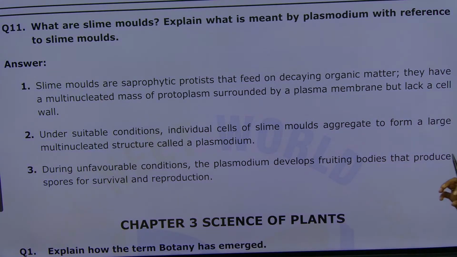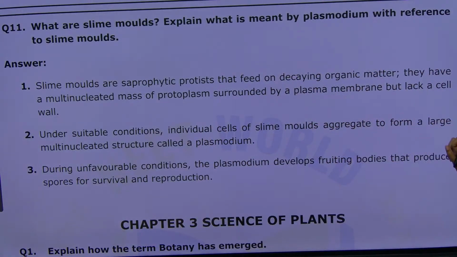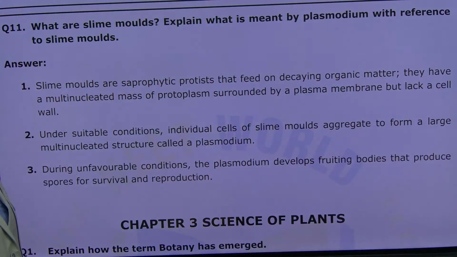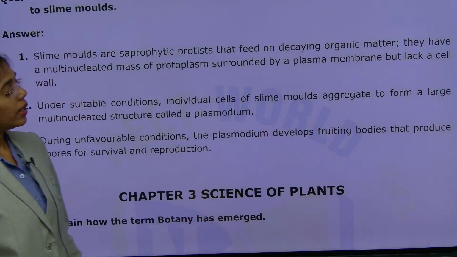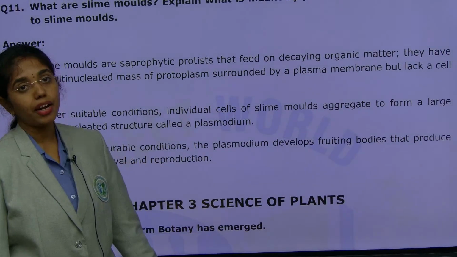They have a multinucleated mass of protoplasm surrounded by plasma membrane, but they lack a cell wall. Under suitable conditions, individual cells of slime molds aggregate to form long multinucleated structures called plasmodium. During unfavorable conditions, the plasmodium develops fruiting bodies that produce spores for survival and reproduction.